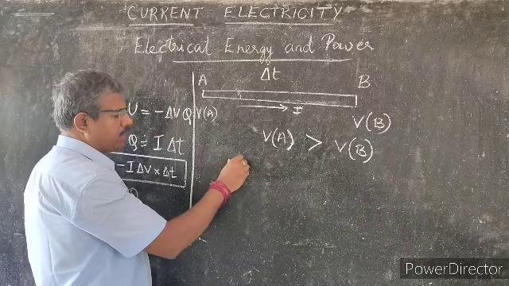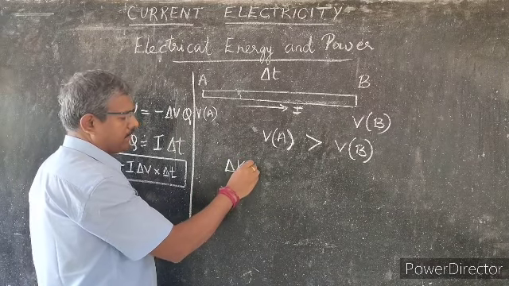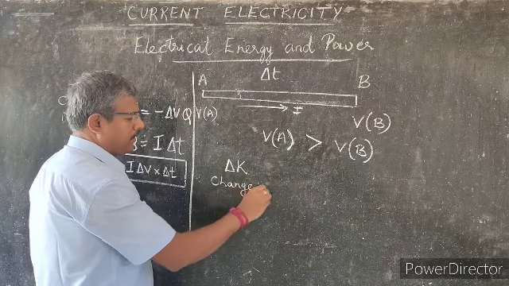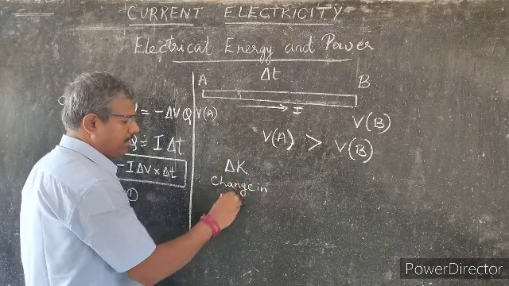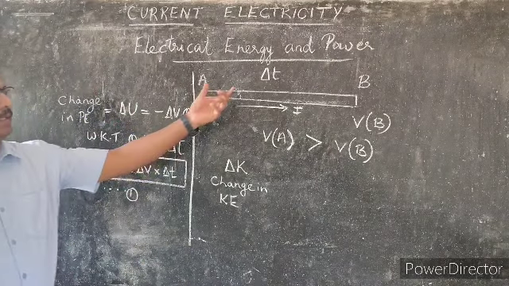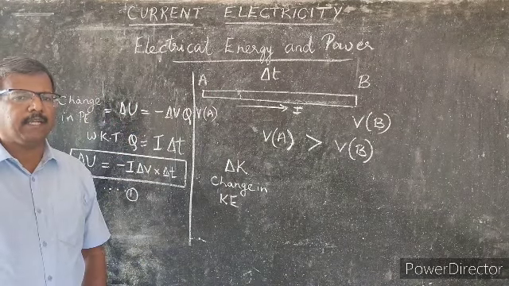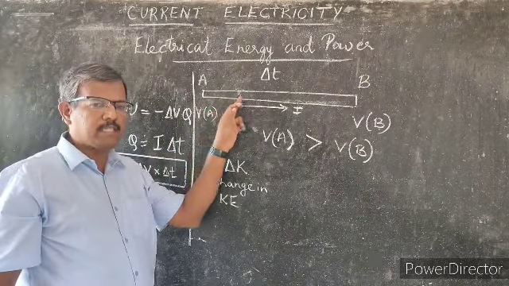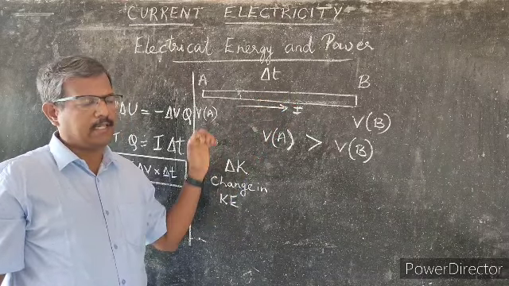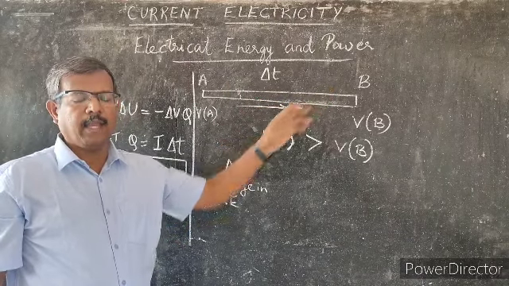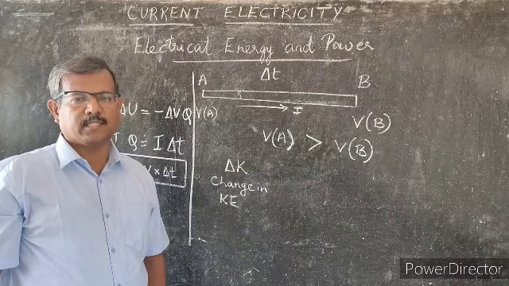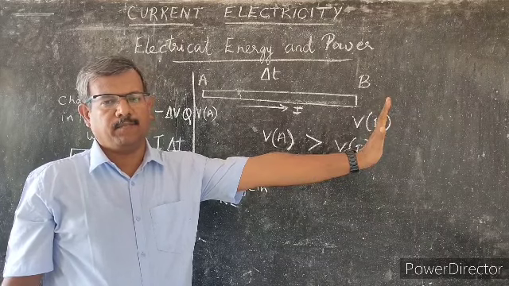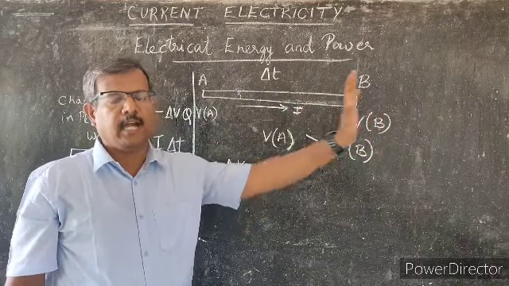What will be the change in kinetic energy during the same time delta T? Let's make an assumption that none of these Q charges traveling from A to B encounter any collisions, which means they travel absolutely unhindered without colliding with any ions.